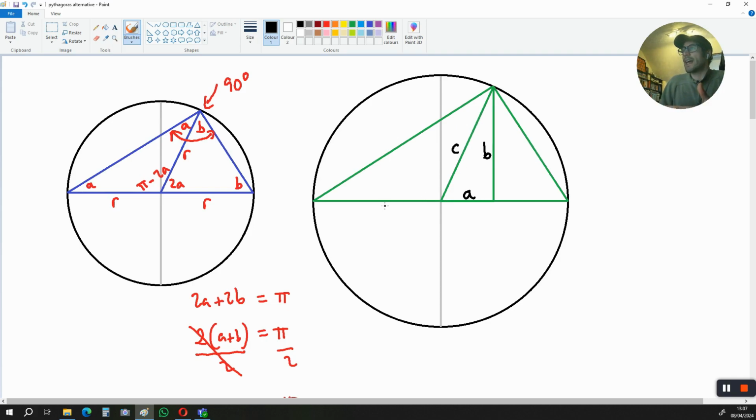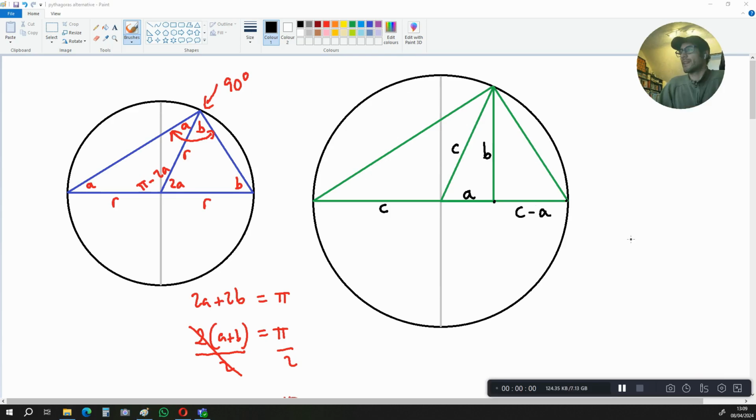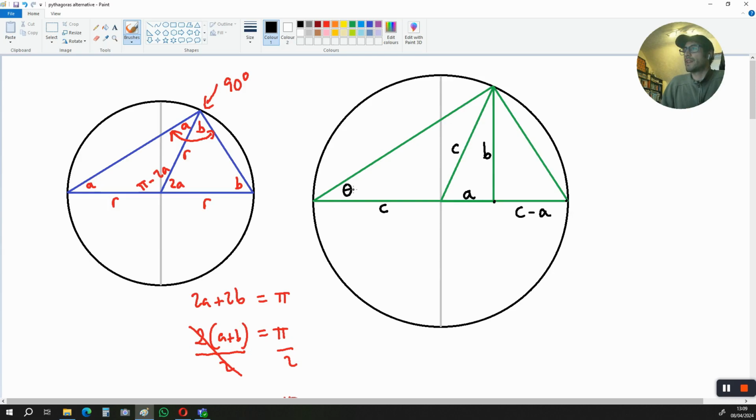So this means that this length over here is also C, and this length over here from here to here is going to be C minus A. So that is the radius, and you subtract A from that radius. Now, what's the next step? Let's call this angle over here theta, and we'll do the same for this angle over here.